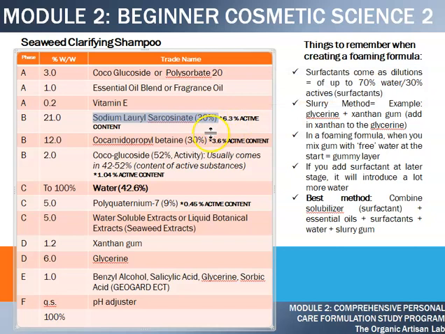The same goes if you purchase cocamidopropyl betaine, it comes as a 30% dilution unless informed by your supplier. So the information from our suppliers is very important to us so that we understand how to treat a specific material in our formulation.